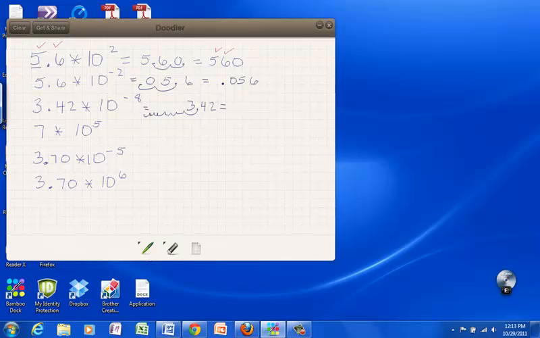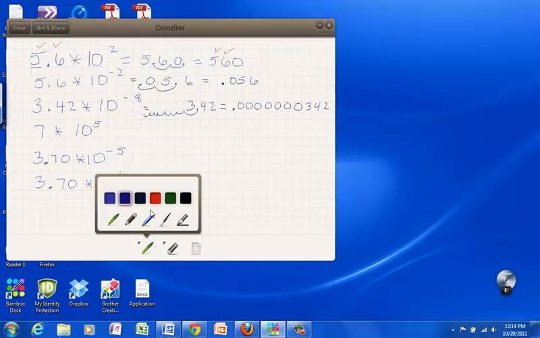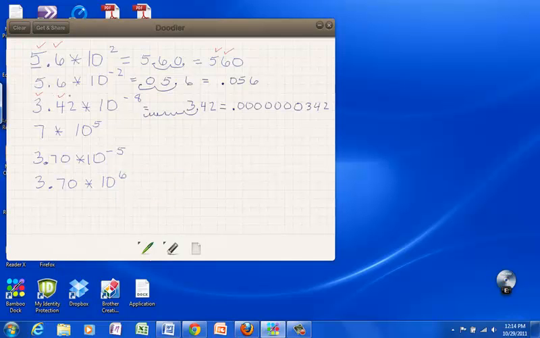So let's count that. 1, 2, 3, 4, 5, 6, 7 zeros. And then the number 3, 4, 2. And again, let's count significant digits one more time. 3.42 clearly has 3 significant digits. All of those zeros we don't count, and this number has 3 significant digits.